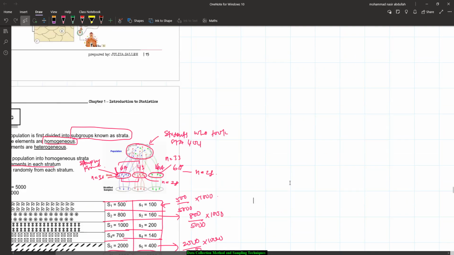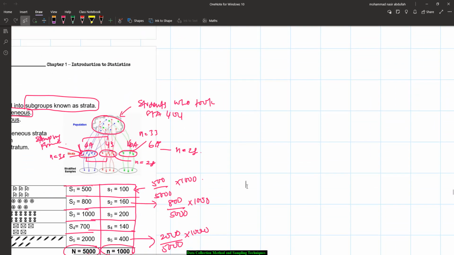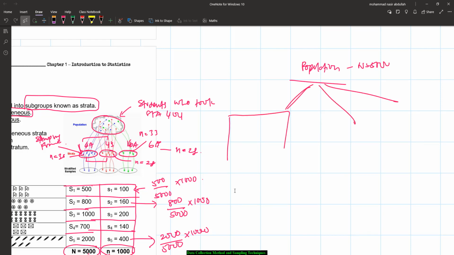So let's say the process is the same. We have a population. We divide it, let's say n is equal to 5,000, into 3 groups, for example. In each of the 3 groups we need a sampling frame.